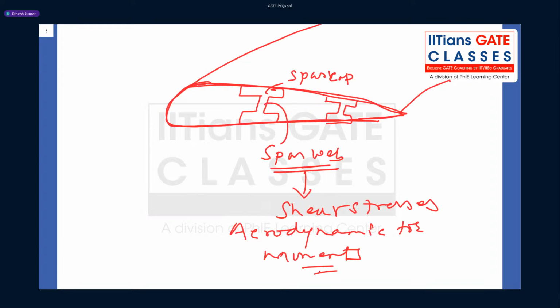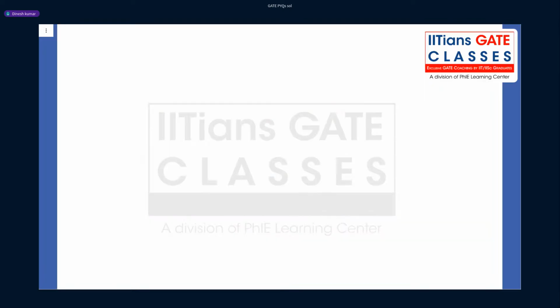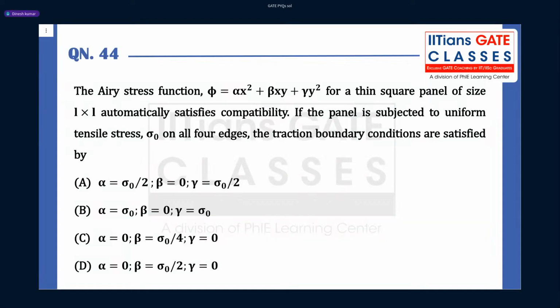Okay, so let's see the next question. Again, this is an Airy stress function question, and in the last two papers also we saw a question from Airy stress function. Read the question.